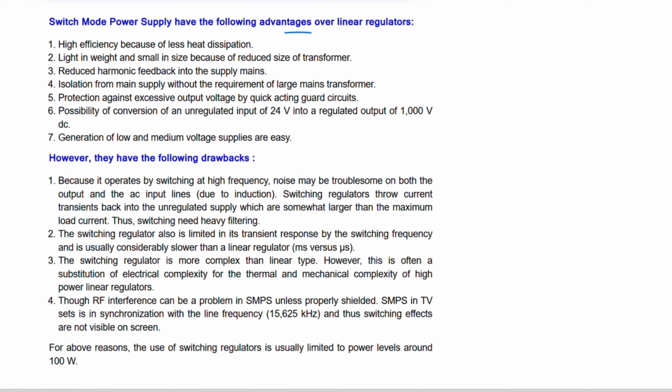These are the advantages, and the disadvantage is that because it operates by switching at high frequency, noise may be troublesome.